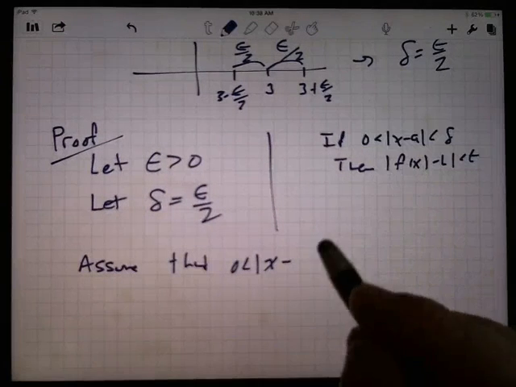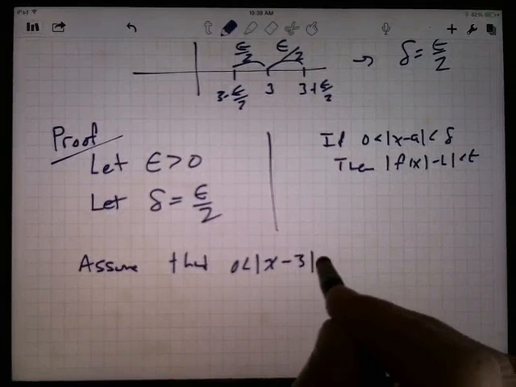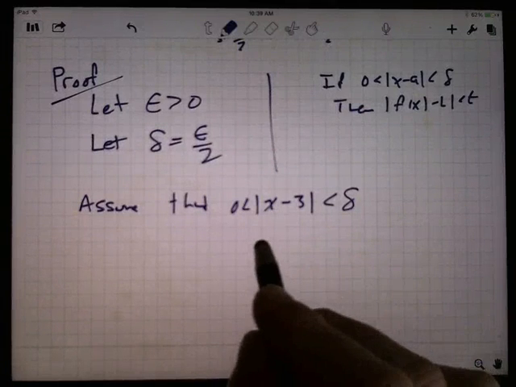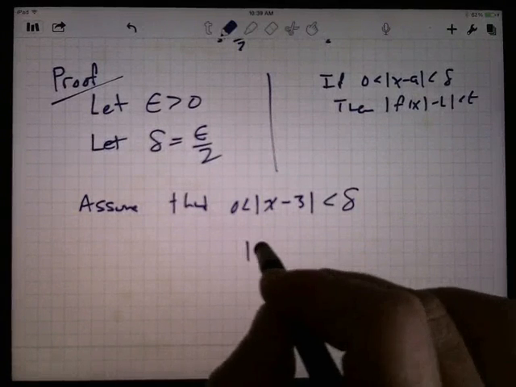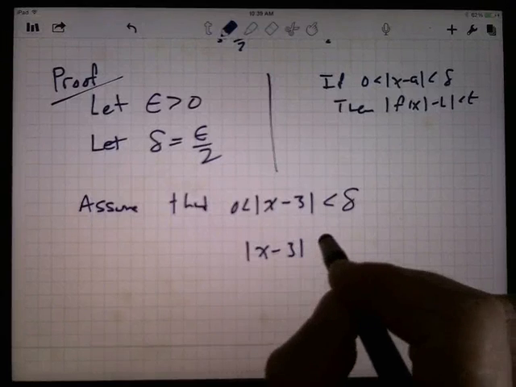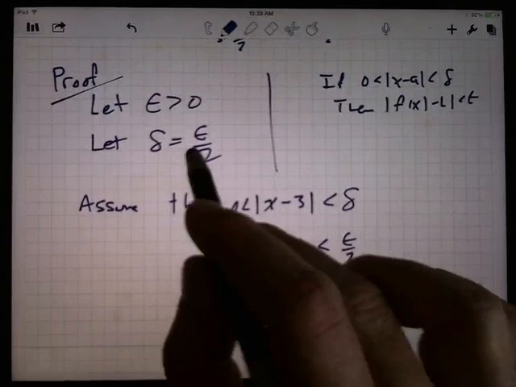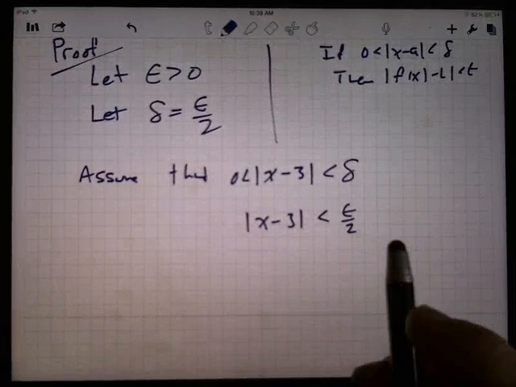X was the value I was approaching. That x minus 3 is less than delta. So if that's the case, then the absolute value of x minus 3 is less than epsilon over 2, because I'm just replacing my delta with epsilon over 2.